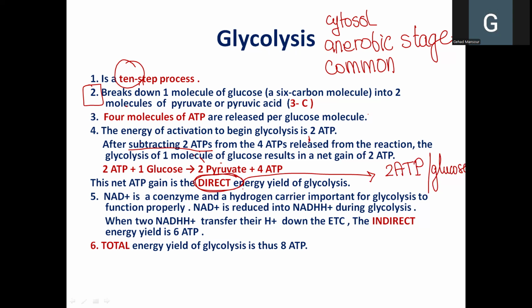Why are we saying this? Because if we say that this is the direct energy yield of glycolysis, this means that we have an indirect energy yield of glycolysis. What is the indirect energy yield of glycolysis?